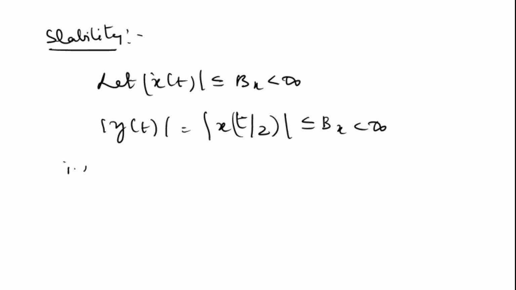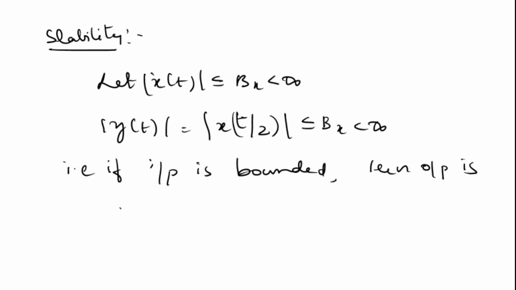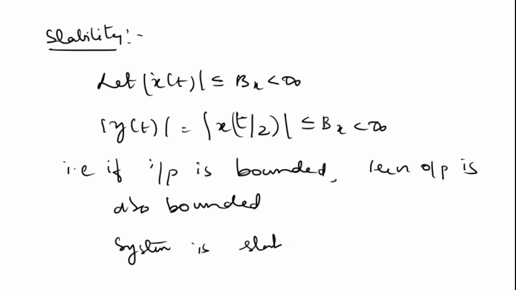That is, if input is bounded, then output is also bounded. Therefore, the system is a stable system.